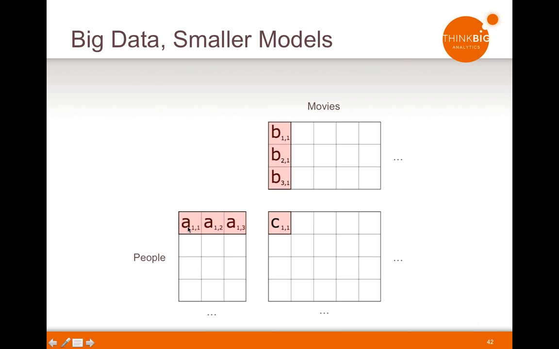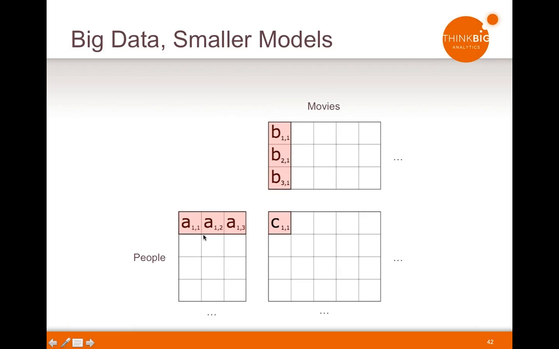So in this case, if A times B equaled C, imagine trying to calculate the distance between two rows of A. The distance between this vector and this vector is much easier to calculate than the distance between this whole set of million values and this other set of million values.